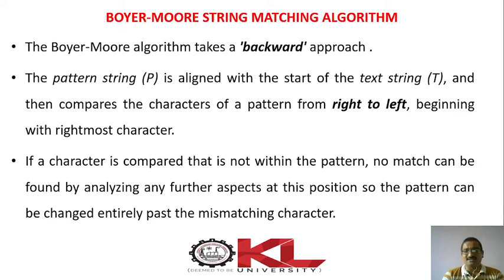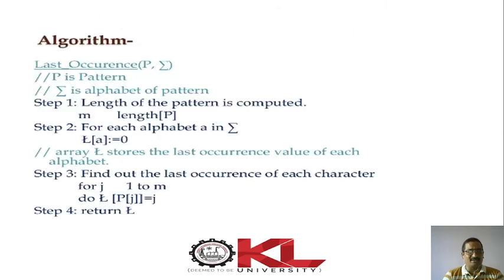For the pattern P and text T, we always compare the characters of the pattern from right to left. From the beginning with the rightmost character, if a compared character is not within the pattern, no match can be found by analyzing any further aspects at this position, so the pattern can be shifted entirely past the mismatch. We'll see that example.